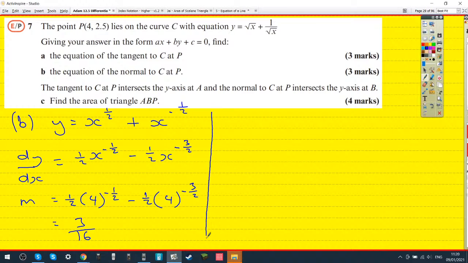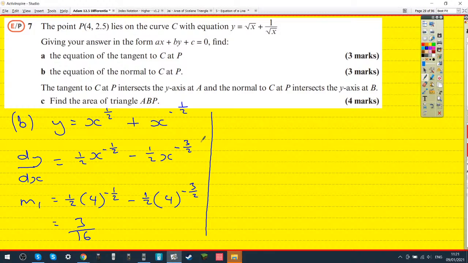Then do you do the same for 2.5? That is y. The gradient function only has x's in it. So do we sub 3 over 16 into y equals square root x plus 1 over square root x? That is x. This is m. We're trying to find the equation of a line.